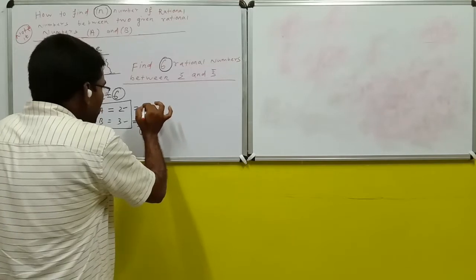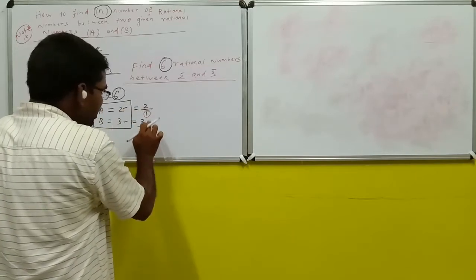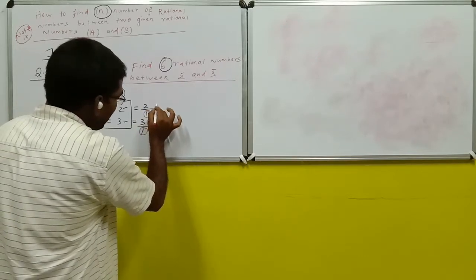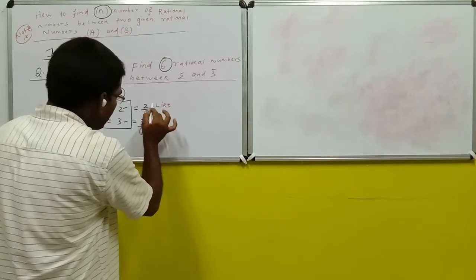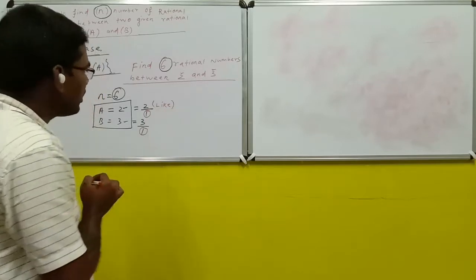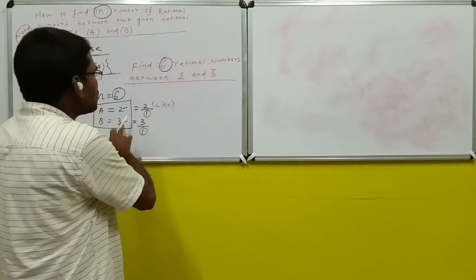Therefore, these two rational numbers are said to be like. And you also see that 3 is the next of 2.